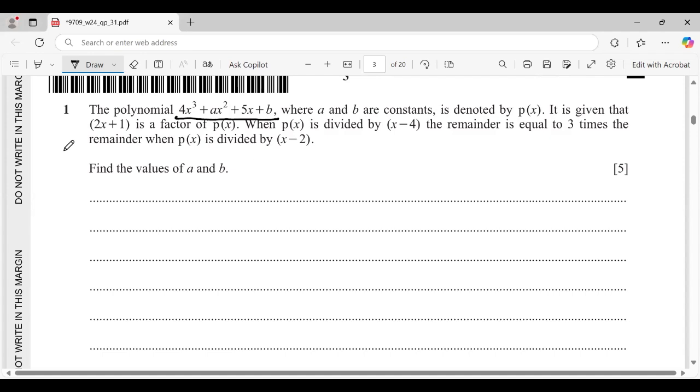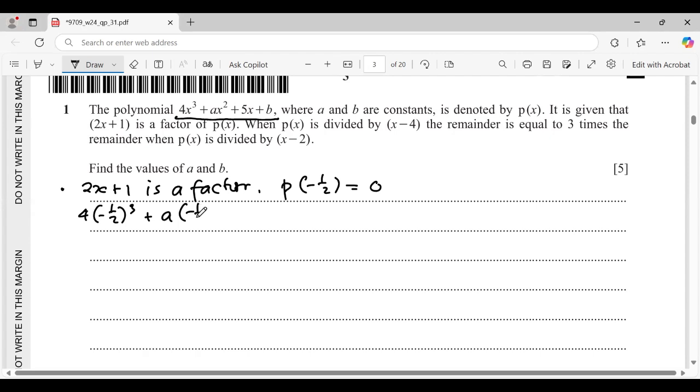Okay. If 2x plus 1 is a factor, it means p(minus 1/2) is equal to 0. So substitute minus 1/2 into x. So it becomes 4 times (minus 1/2) cubed, plus a times (minus 1/2) squared, plus 5 times (minus 1/2), plus b equals 0.